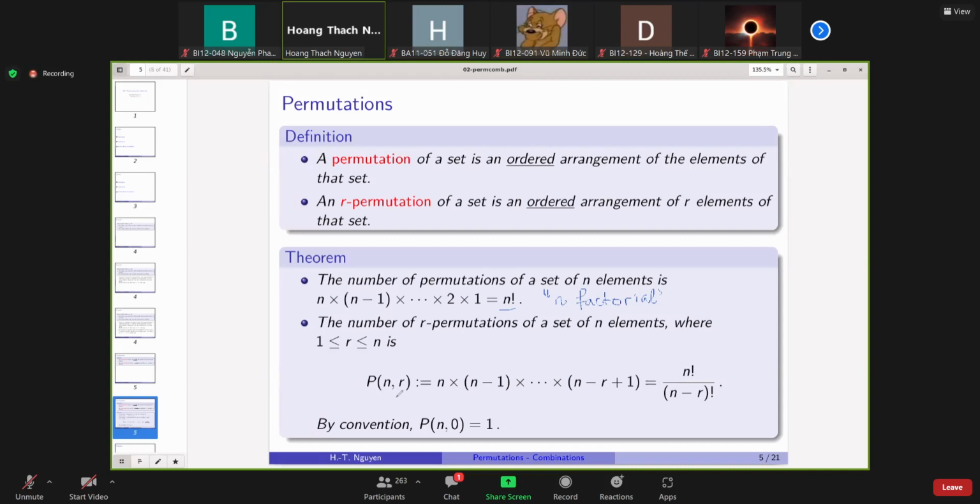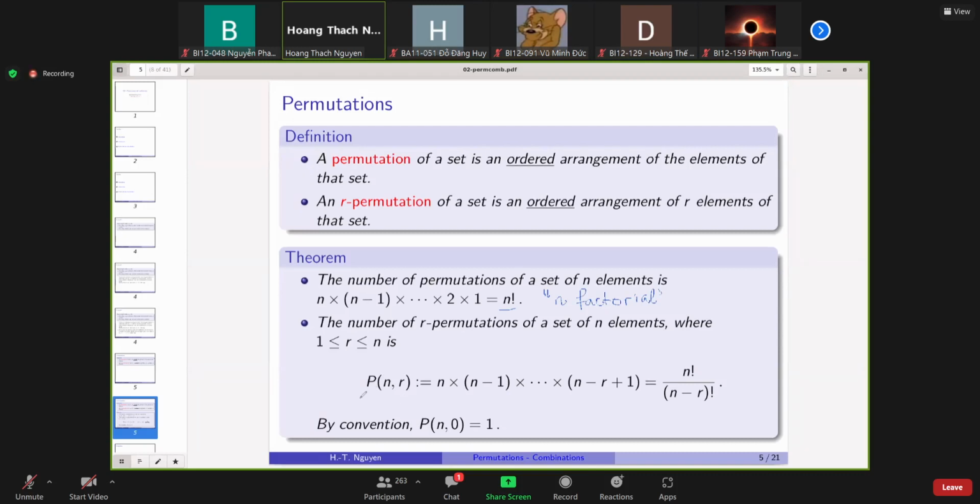Please bear in mind that the notation n factorial is global, meaning every document in the world uses this notation, but the notation for r-permutation may vary from book to book. Here we use the notation in the book of Rosen.